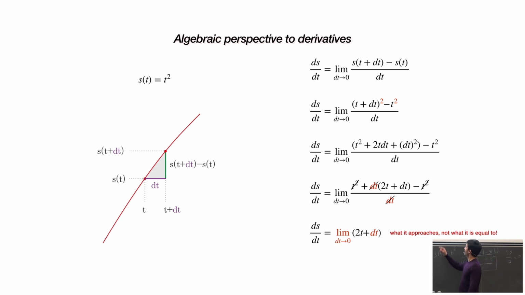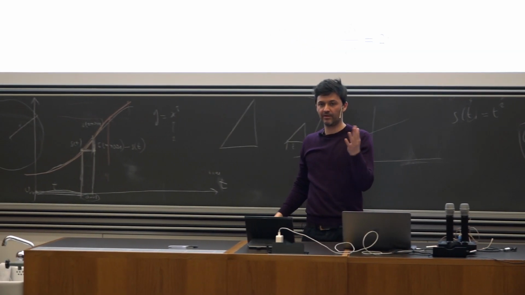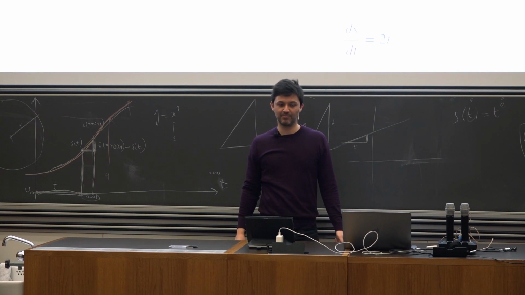And as you know, as dt approaches 0, the whole expression approaches 2t. So these two operations, interpretation of this last step and the cancellation of dt, make it possible to actually create this variable in mathematics which is bigger than 0 but smaller than any kind of feasible measurement.